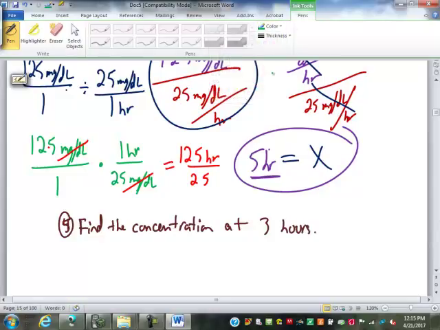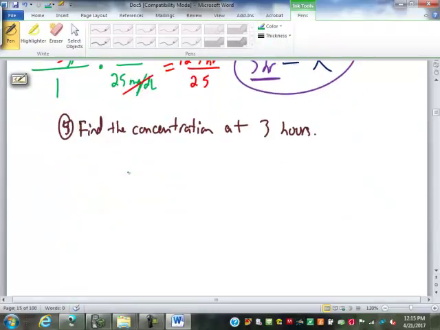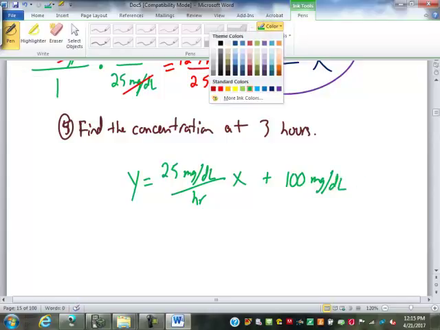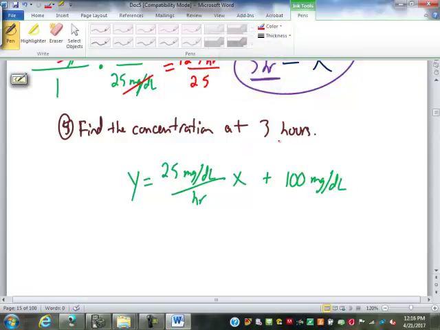So I'm going to take my equation, y equals 25 milligrams per deciliter per hour times x plus 100 milligrams per deciliter. And again, remember, x is time, concentration is y. So we're looking for the concentration, so we're looking for y here.